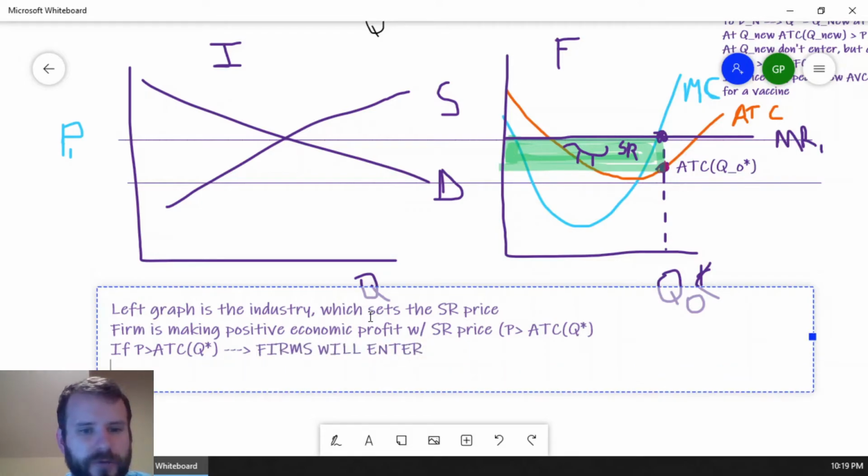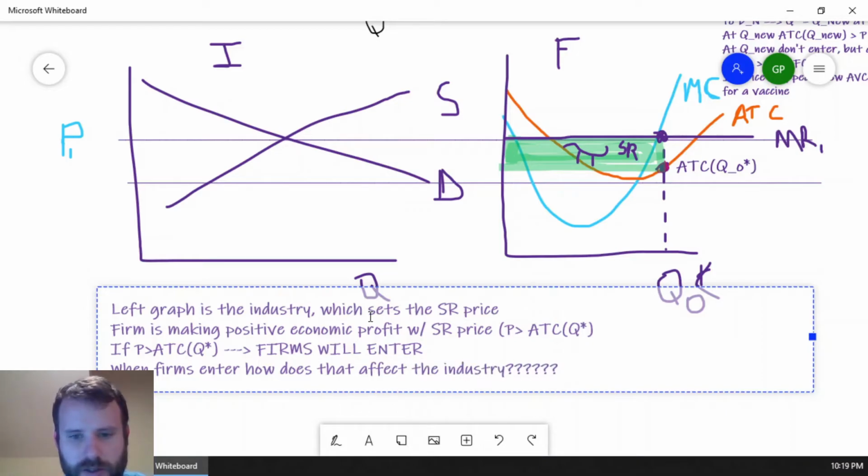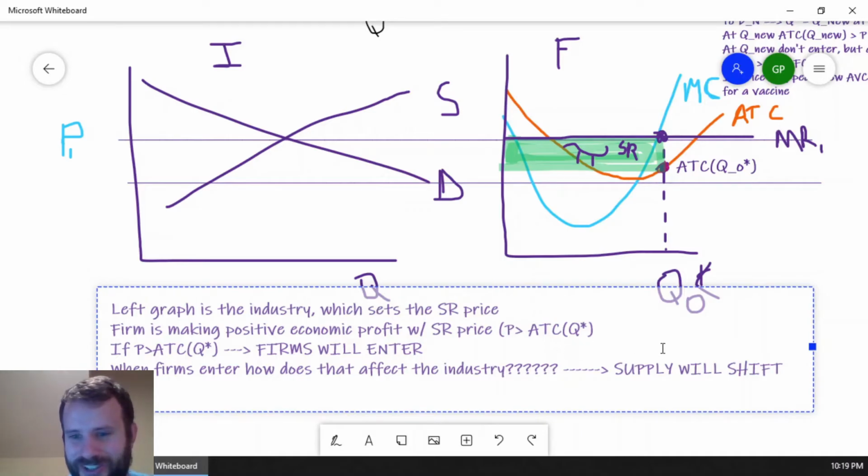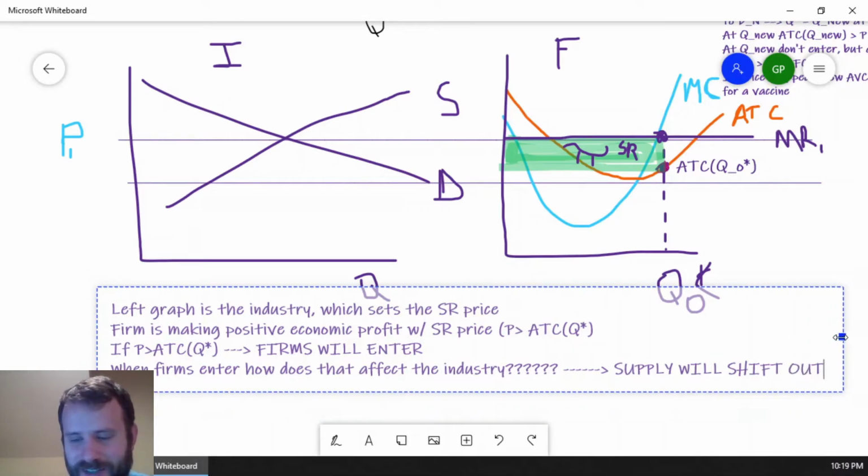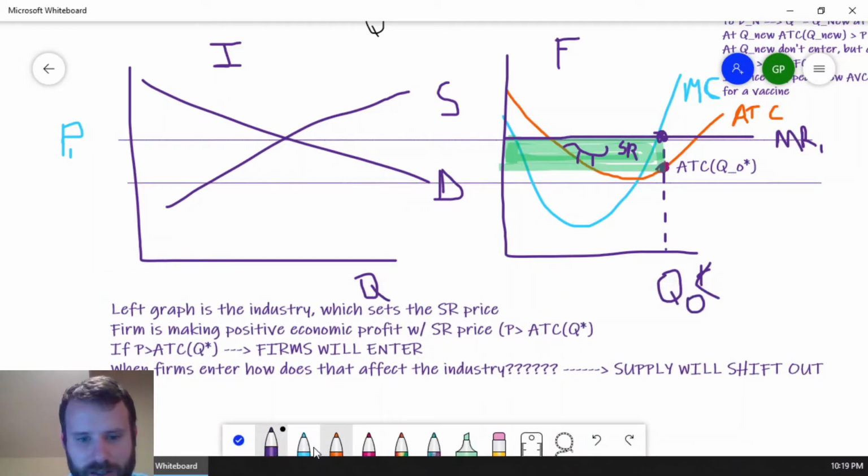Okay. What happens when firms enter? How does that affect the industry? Supply will shift out. Okay. So we're going to have a new supply here.